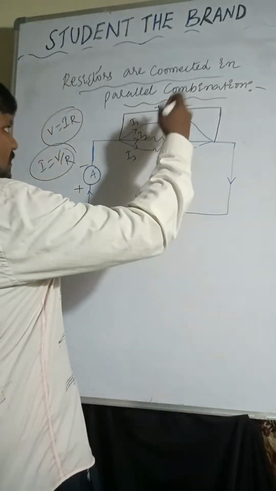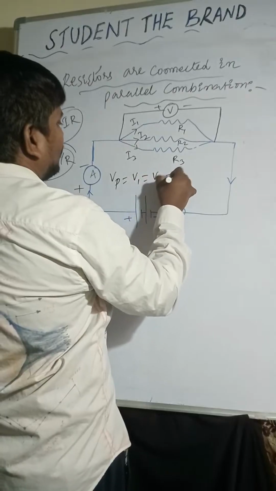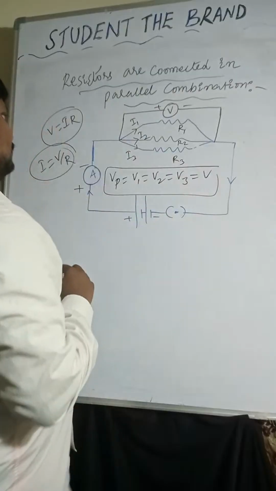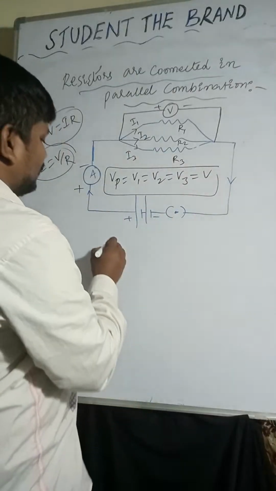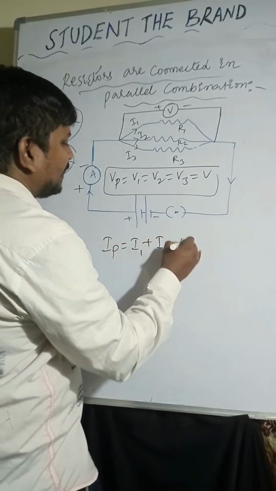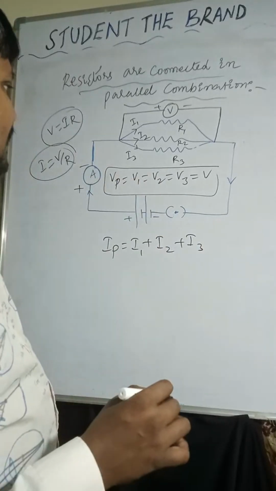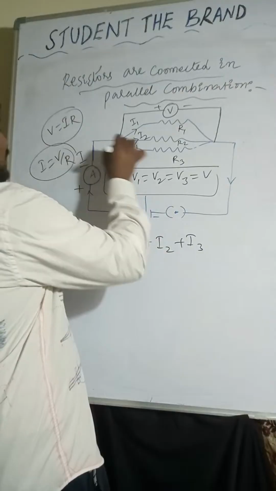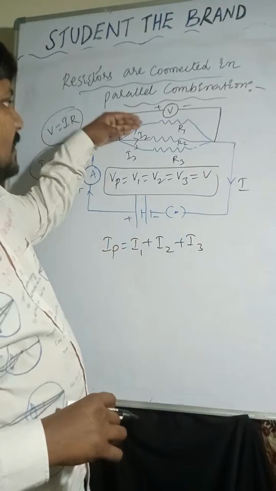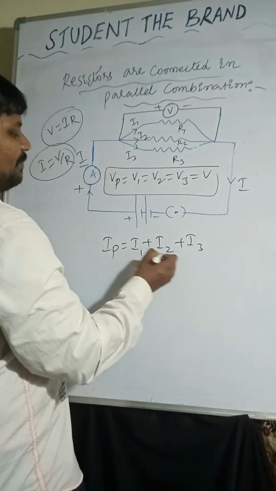Throughout all resistors I'm connecting the same potential difference: Vp equal to V1 equal to V2 equal to V3 equal to V. Now the current Ip equal to I1 plus I2 plus I3. Current starts flowing from the battery, and whatever current flows in the circuit, that is Ip equal to I1 plus I2 plus I3. So we need to add all the currents.